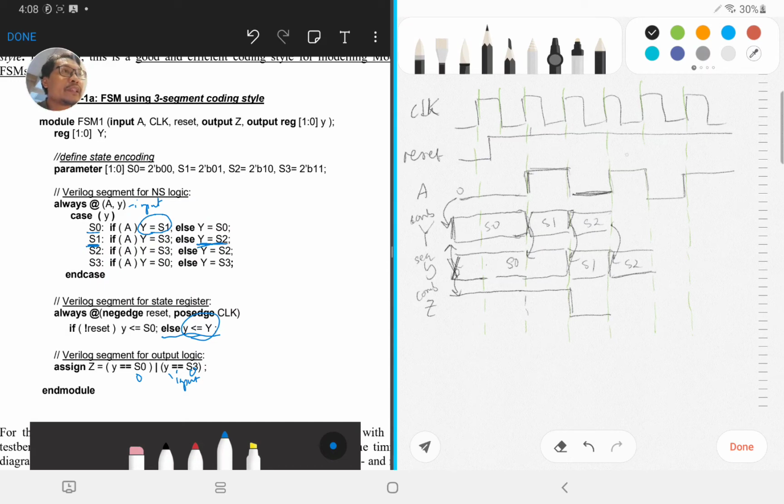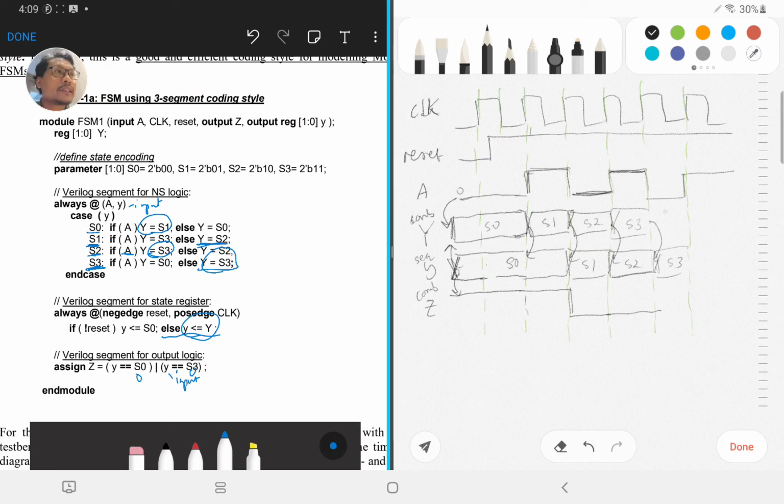Now when S2, A is 1, we take this guy, S3. Sorry, it's still S2, we are looking at small y, S2. Transfer S3. Now S3, A is 0, I'm going to take this guy, S3.